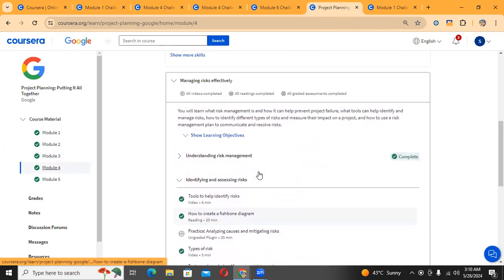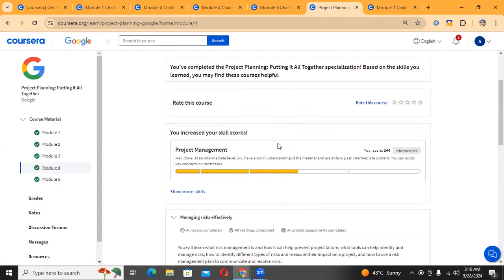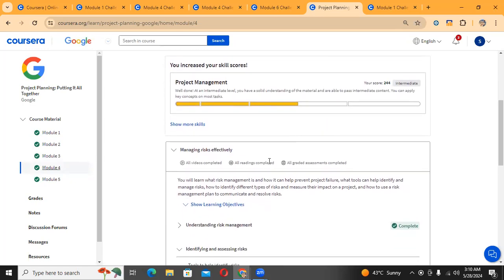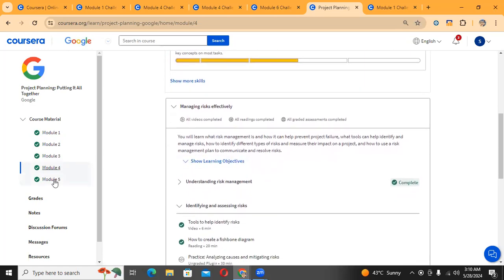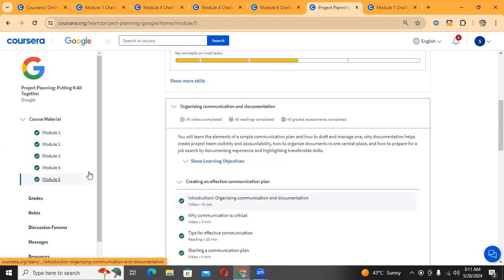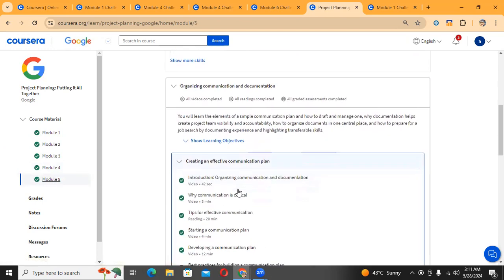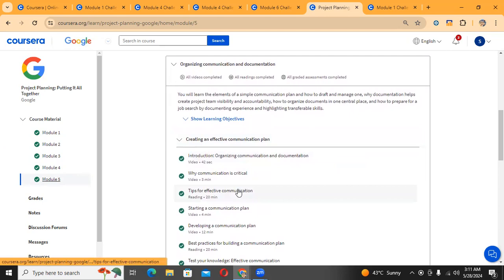So it is managing risk effectively. Learn about how to manage risk and how it fulfills the project management. And in the fifth module, organizing communication and documentation. So learn the elements of a simple communication plan and how to draft and manage it.